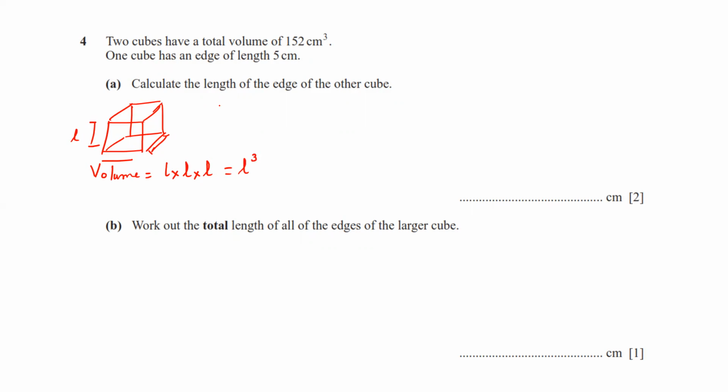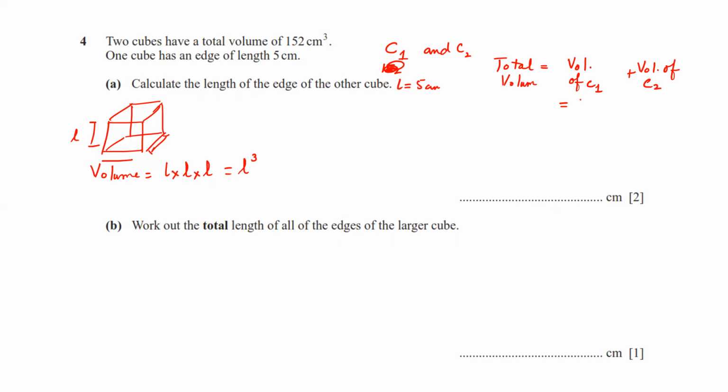So the total volume of, let's see, we call these cube 1 and cube 2. One of the cubes, let's say cube 1, has a length of 5 centimeter, and the total volume of these cubes is 152 centimeter cube. So the total volume is the volume of cube 1 plus the volume of cube 2.